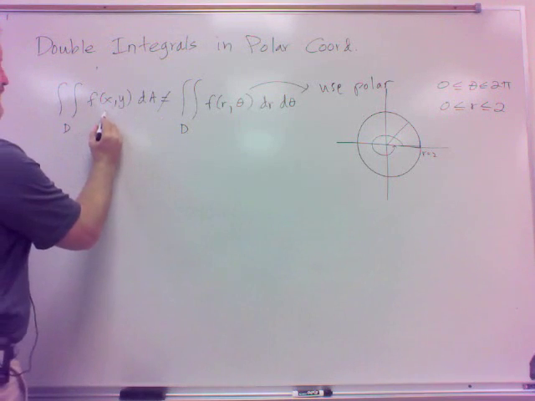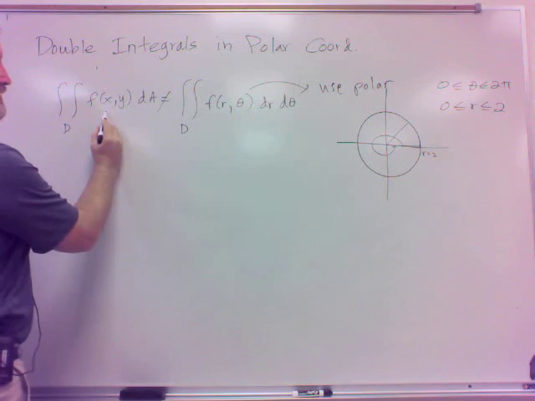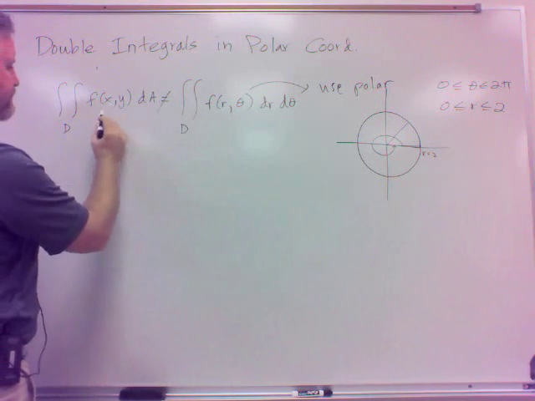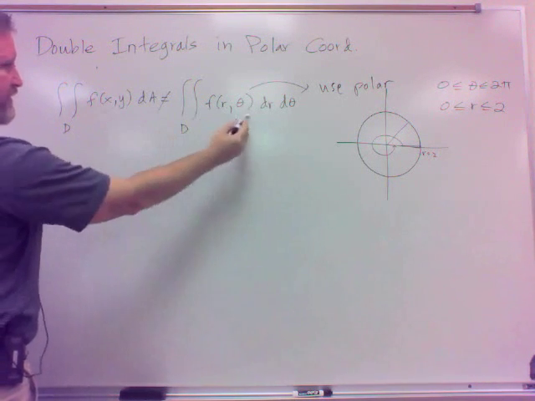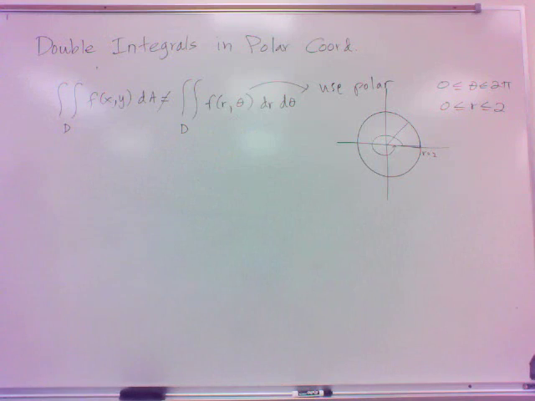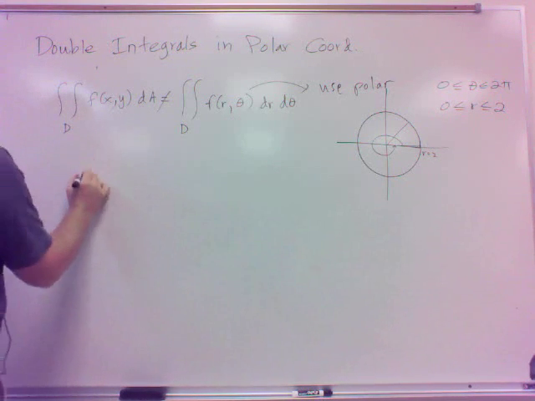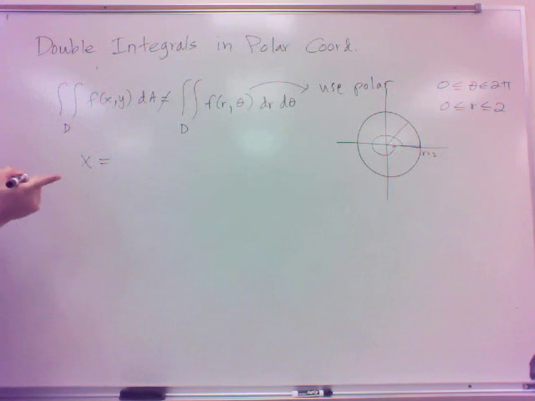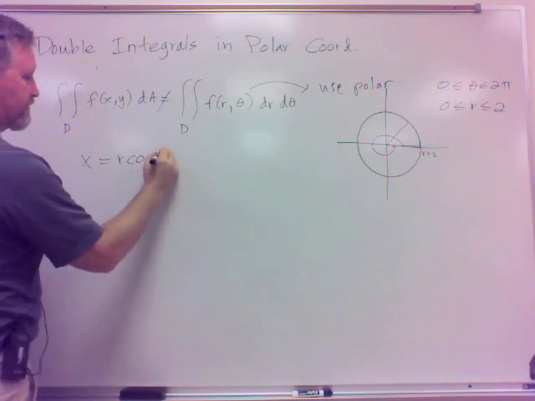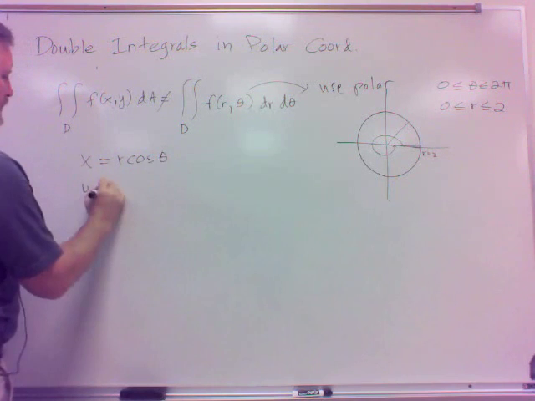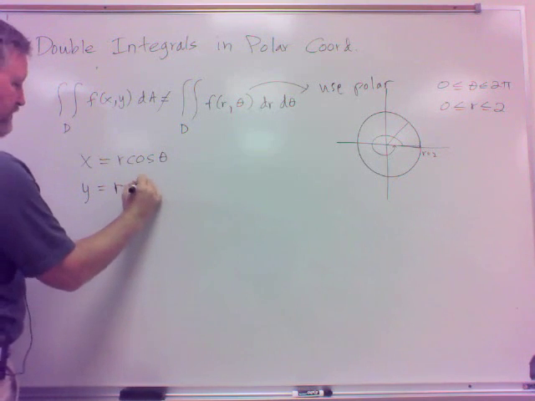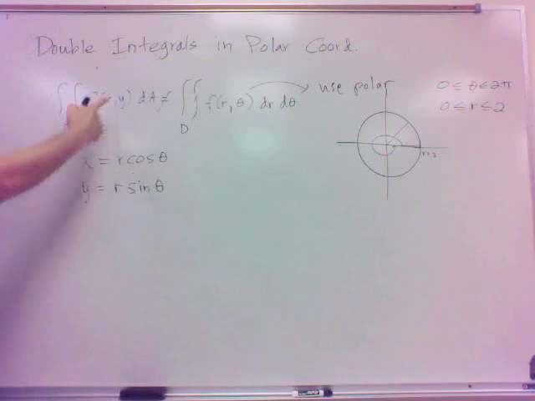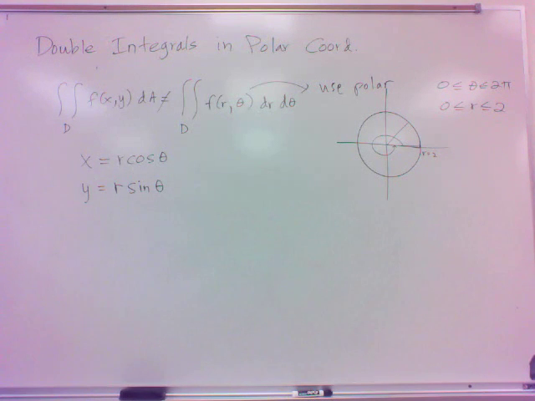You have to get your function in terms of r and theta a little differently. But here's the thing. We know in terms of polar coordinates what x equals, right? It's r cosine theta, and y equals r sine theta. And so we just use those conversions in my f of x, y.